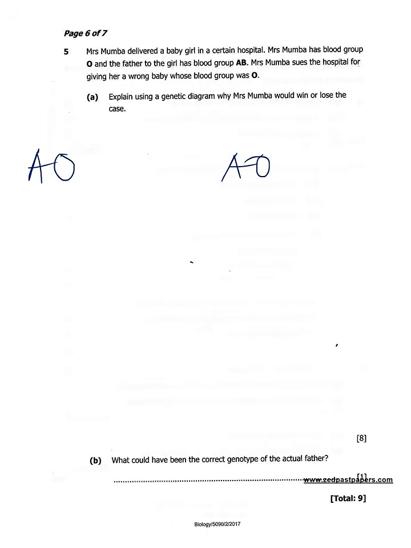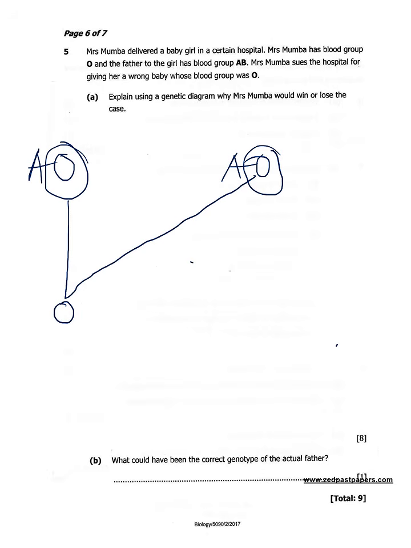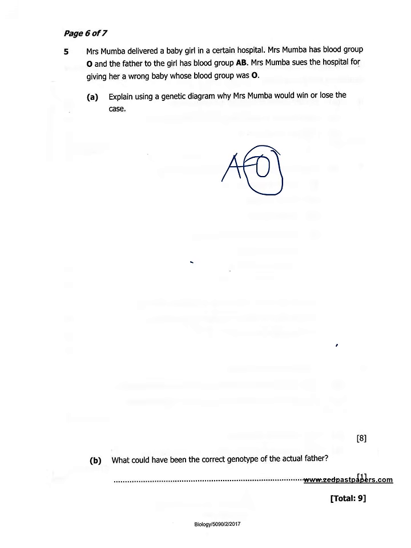The key point is there should be at least one allele for O in each parent for the couple to have a child with O, so that when we make the genetic diagram, one O from the male side and the other O from the female side will combine to give us OO. So that is the picture about blood group O.